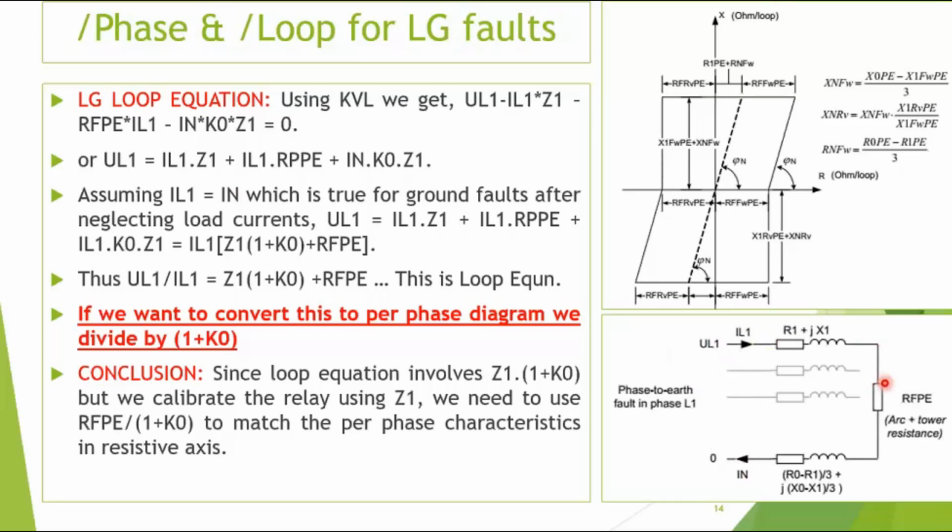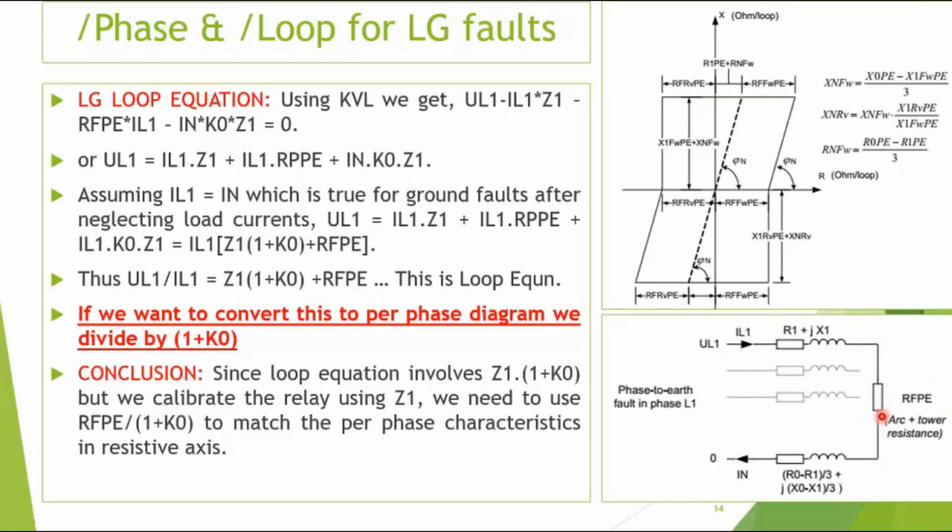Now the current is the same in this whole loop. So over here, this RFPE need not be divided. This RFPE is the loop impedance, not the per phase impedance.